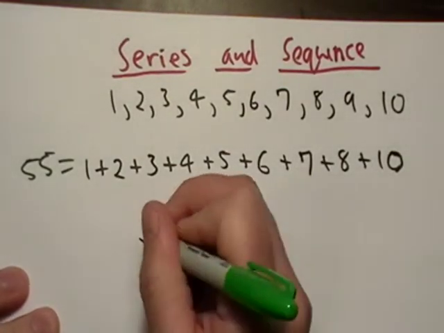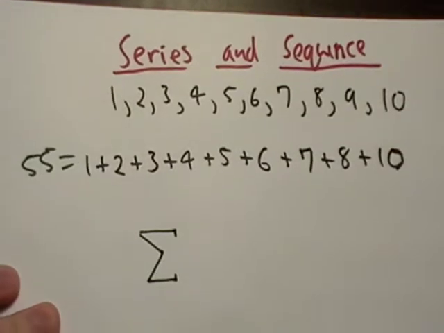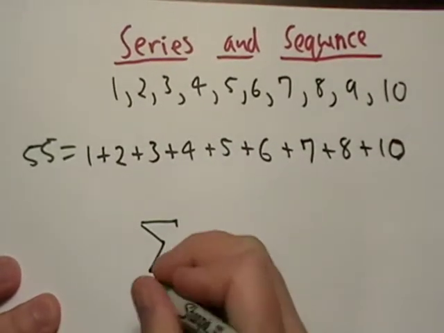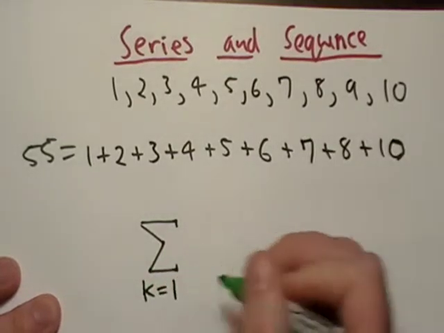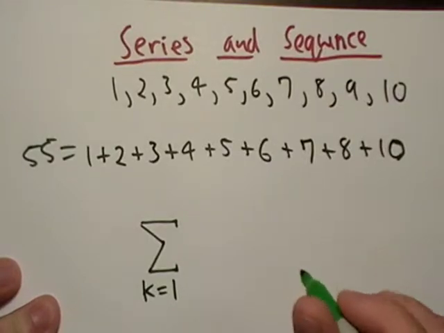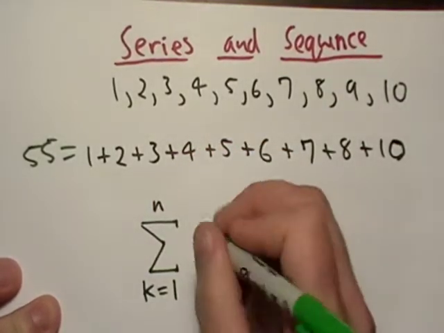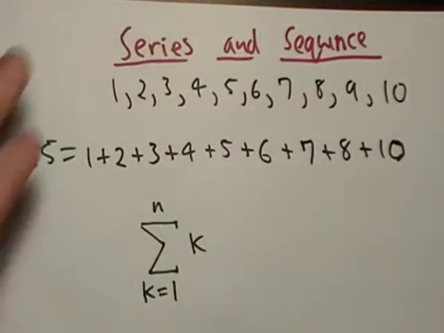You might have seen this before. It's the sigma sign, and it actually means sum. Then you'll usually see a k, an i, an n, or a j, just some type of index down at the bottom, and then you'll see this right here. But don't worry, I'm going to tell you what it all means.